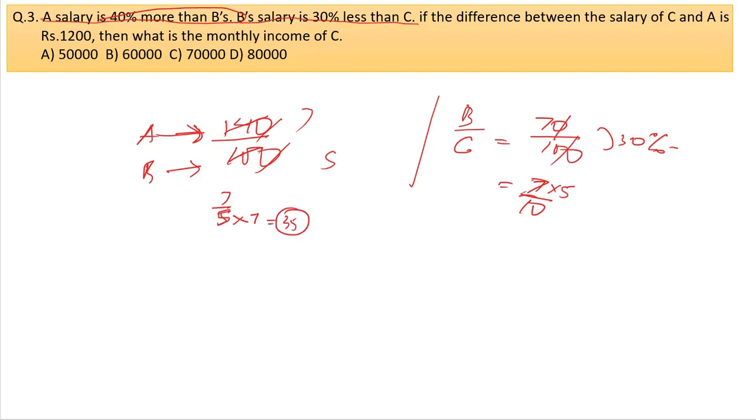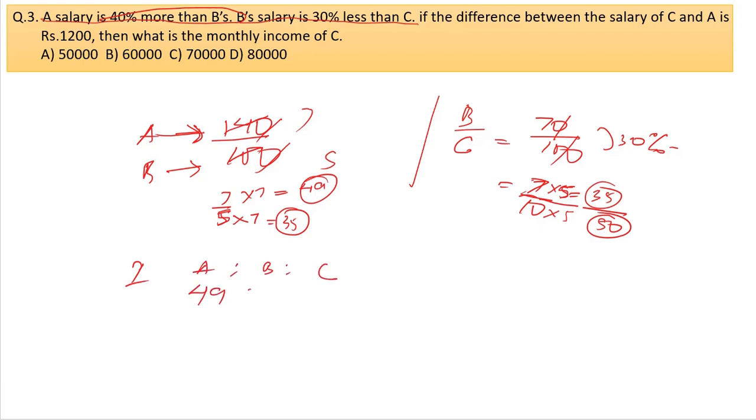When we multiply here by 5, we also multiply here by 5, so that is 5 times 10, which is 50. Here 7 times 7 is 49. So our income ratio of A to B to C is 49 is to 35 is to 50.